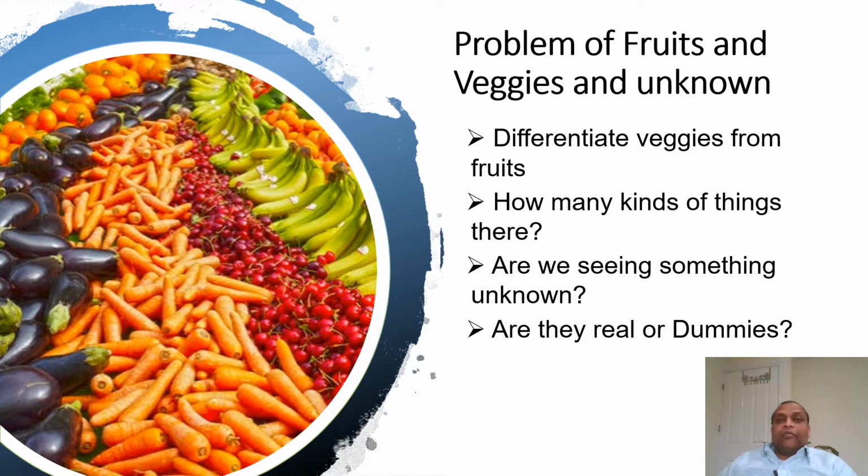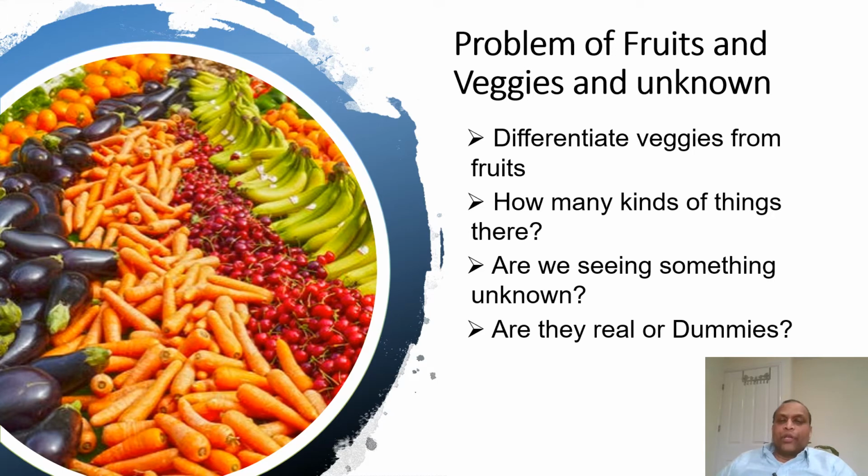Because basically, if you have a habit of traveling to different places in the world, you will be able to identify certain fruits which you might not have seen. So you will get trained about those fruits. And once you get trained, wherever in the rest of the world you see that fruit, you will understand. Once upon a time in my childhood, I never had seen a fruit like kiwi.